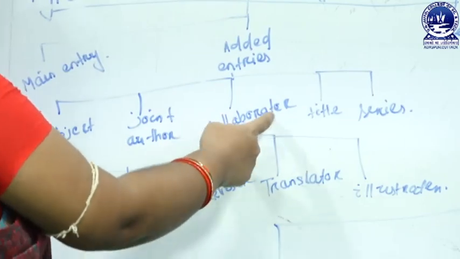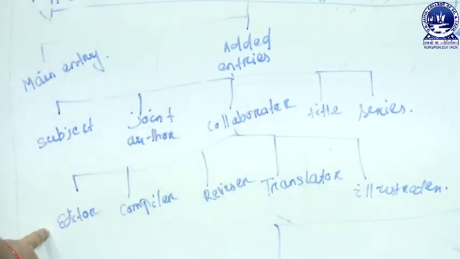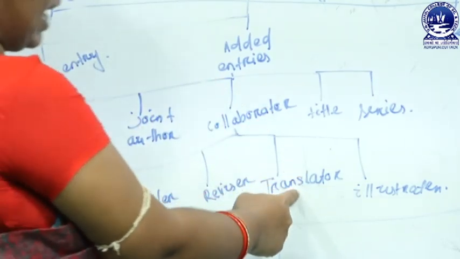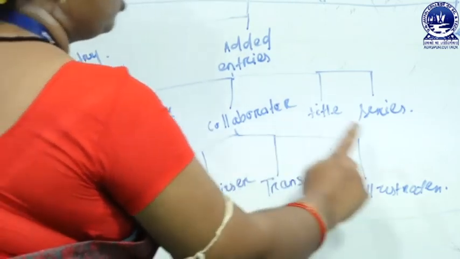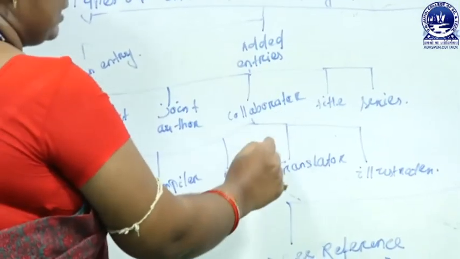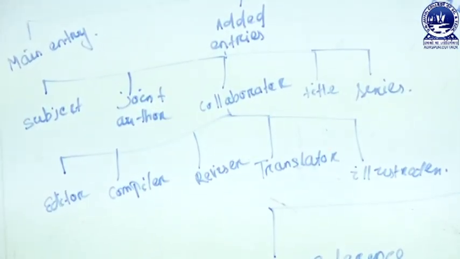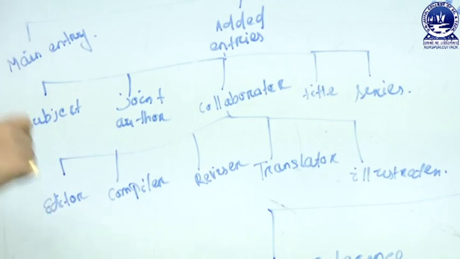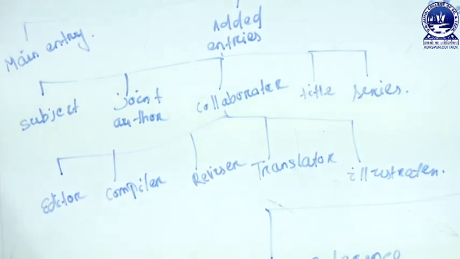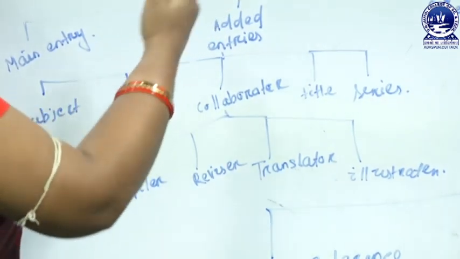And collaborators. Who are the collaborators? Like your editor, compiler, reviser, translator, illustrator, those have also contributed and are also responsible for preparing a document. That is the reason AACR2 gave the right to define their responsibility in the library catalog.